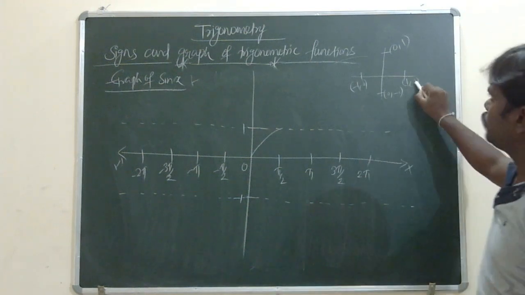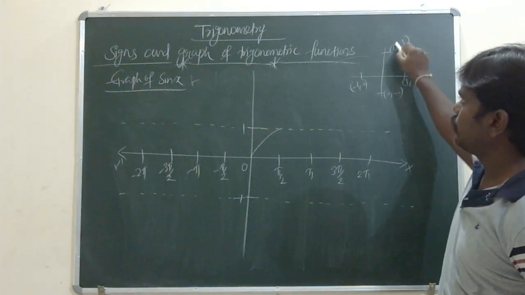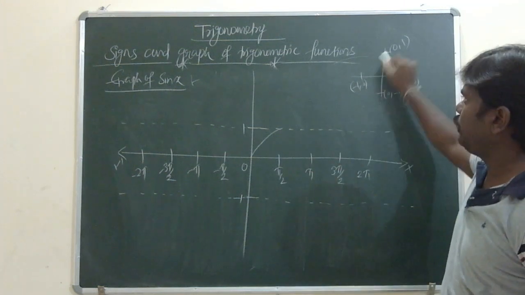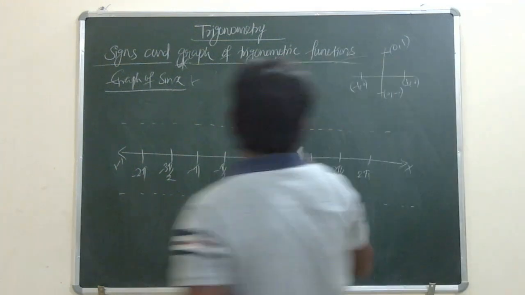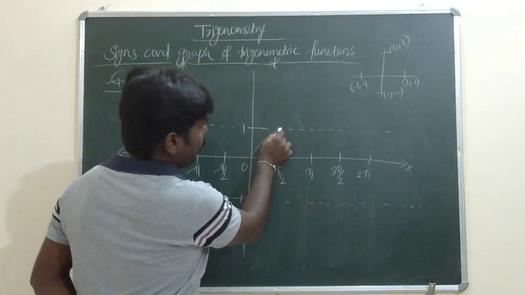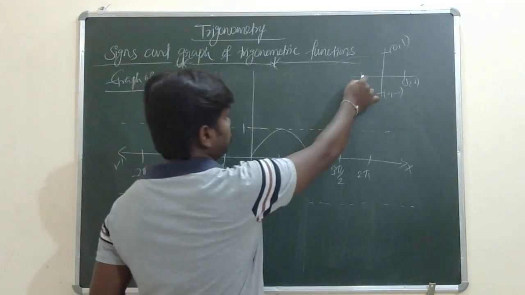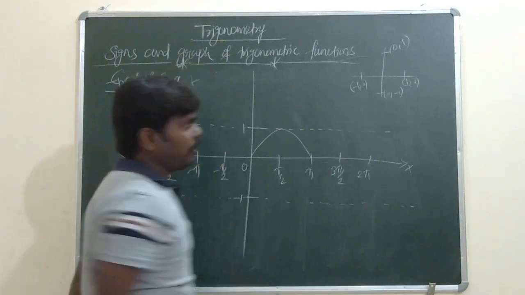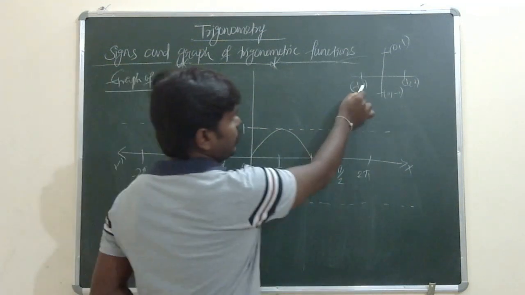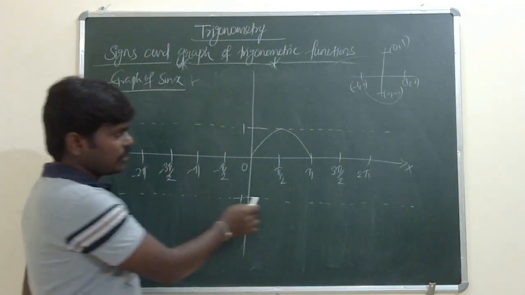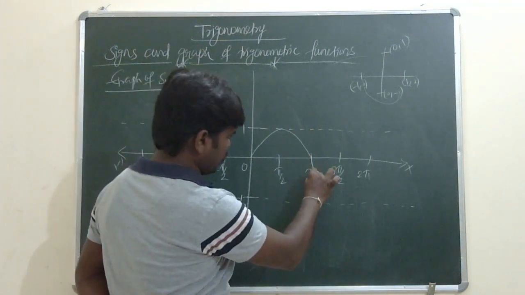So from 0 to 1 it is increasing. Next, 1 to 0 means it is decreasing, in the pi by 2 to pi range. So here it will decrease to 0. And next, up to 3 pi by 2, that part is 0 to minus 1, which means it is decreasing. Here this is minus 1. So here it will decrease.